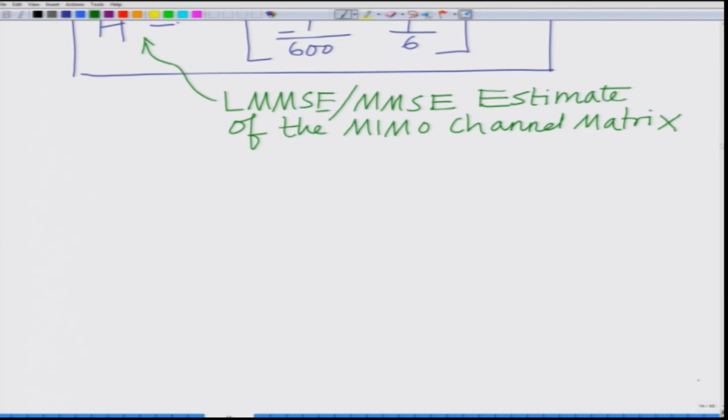As I said, I do not need to separately compute the error covariance again, because I have already computed it as part of the calculation of the LMMSE estimate.